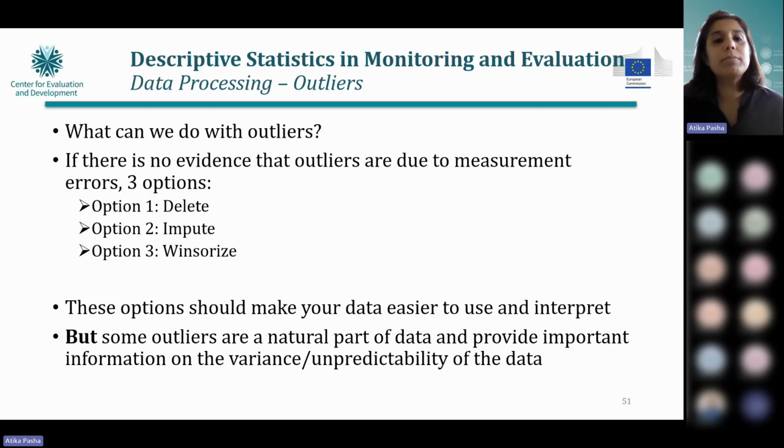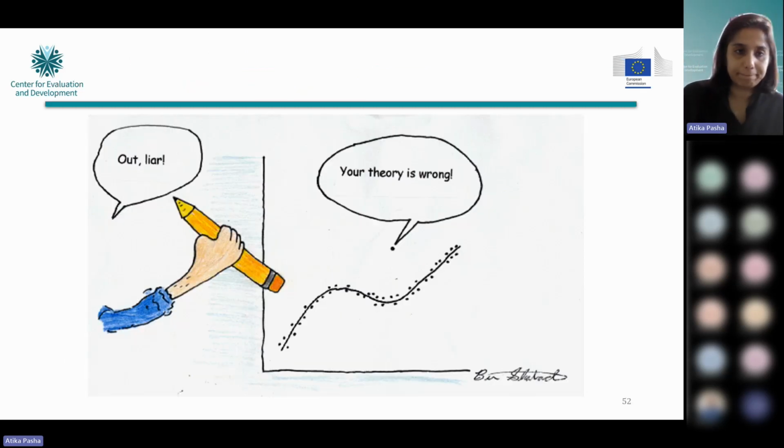And then if you see outlying values, you need to process them. But it's important to note that there are still some values that are not necessarily measurement errors, but might be an actual value. Maybe there is an individual earning 6,000 out there, and then it's our job as evaluators to figure out why this is happening and to understand it. So watch out for your outliers.